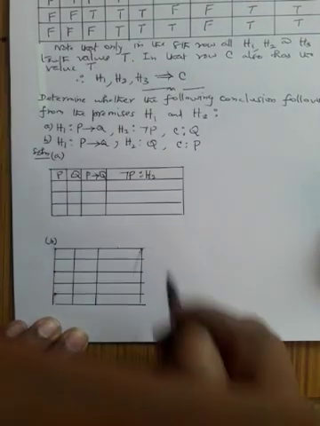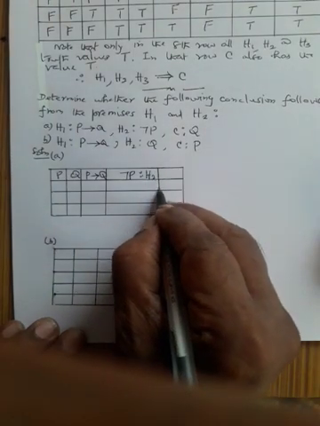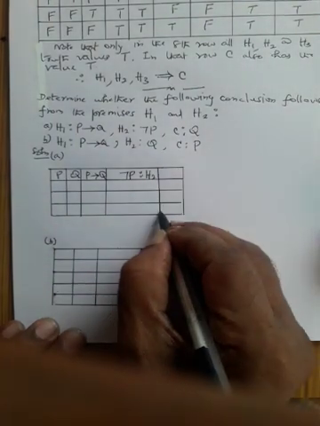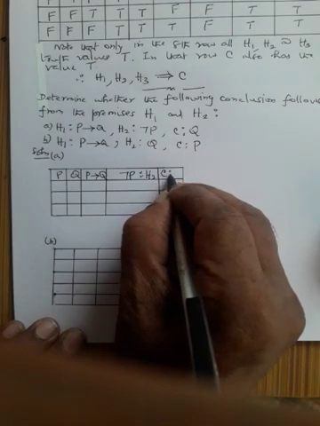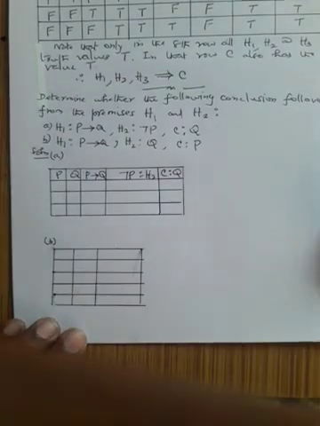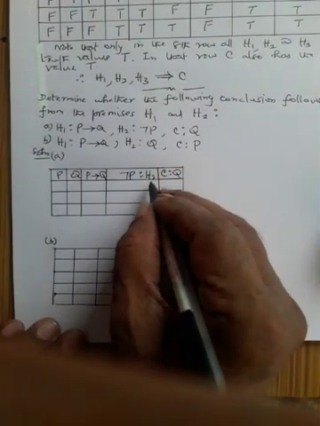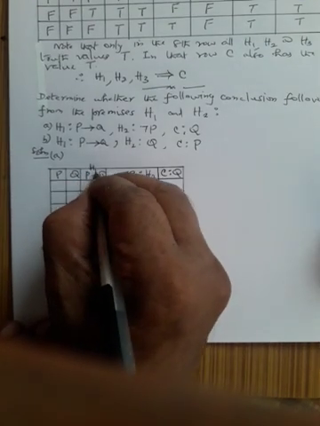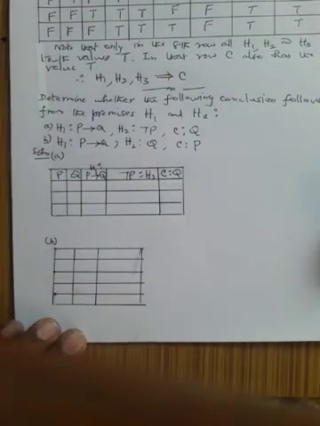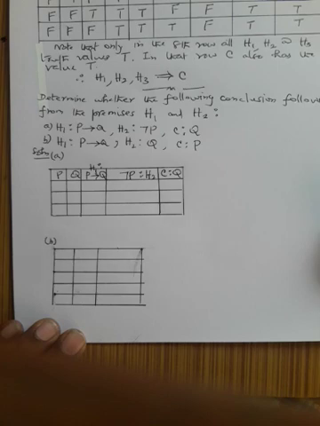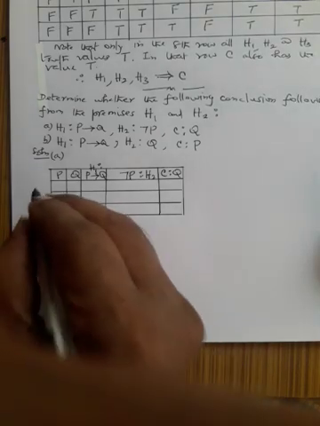And then we have our conclusion, which is Q. So P implies Q is H1, H2 is negation P, conclusion is Q.